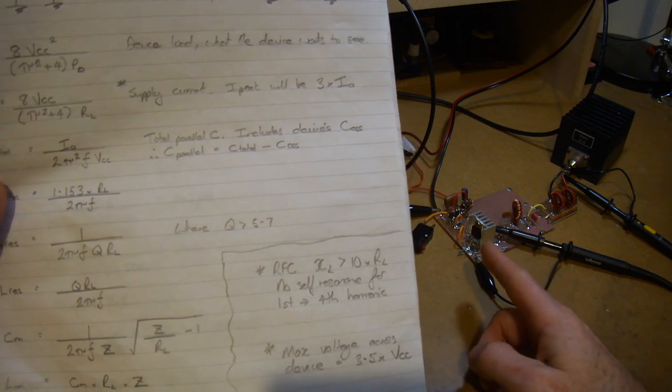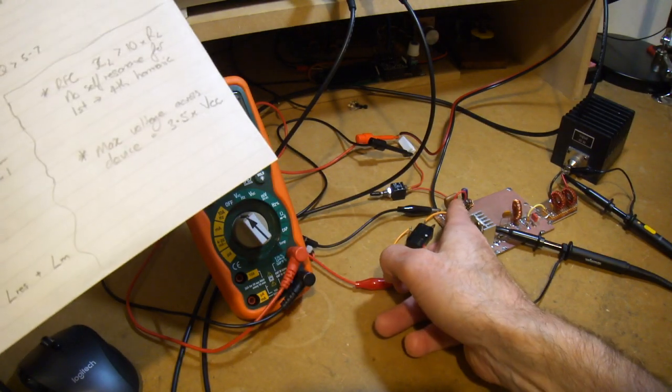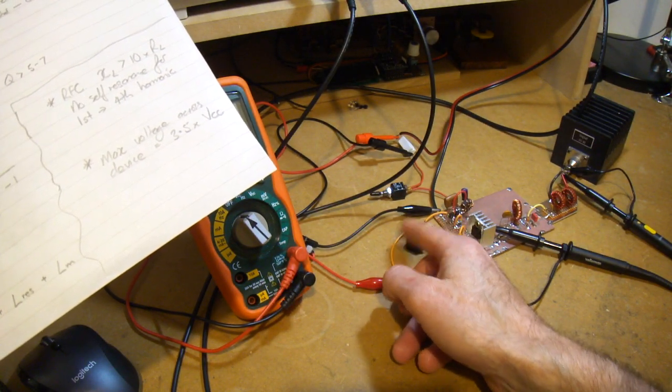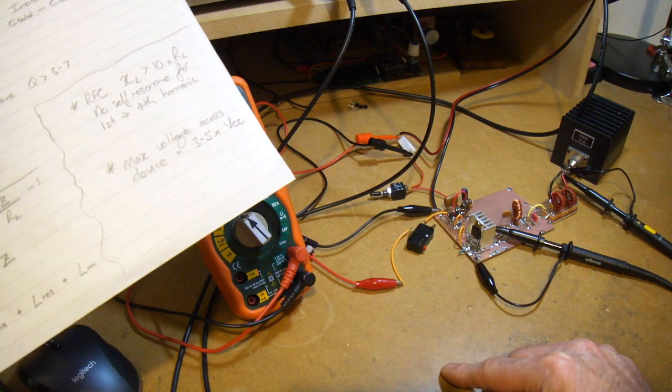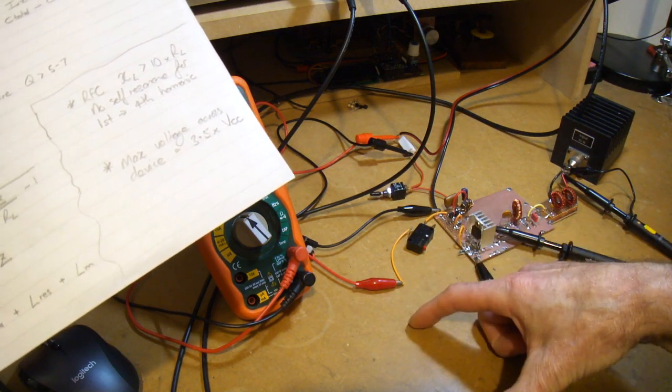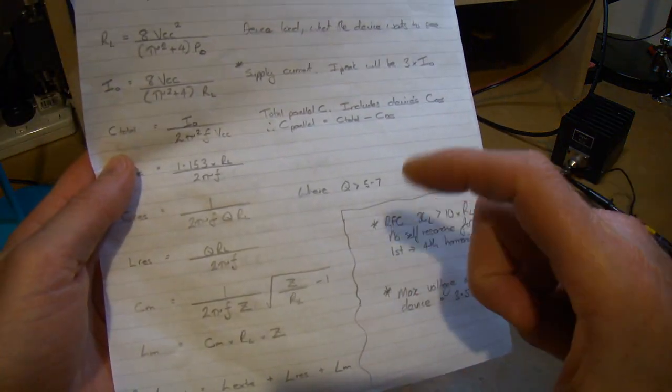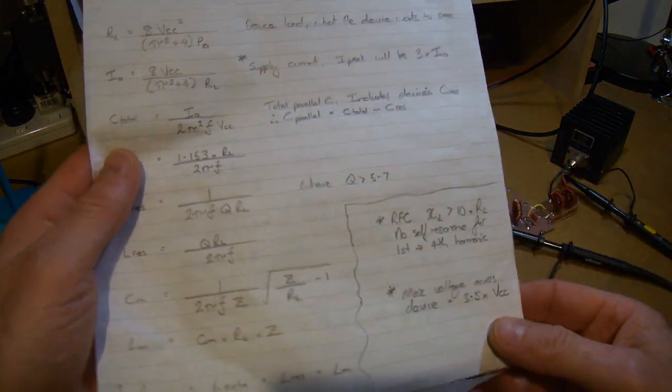What I did was wind that particular RFC there. I then put in series with that a 50 ohm load, put that across the SIGGEN and swept it, and looked for any changes in amplitude across that frequency range.